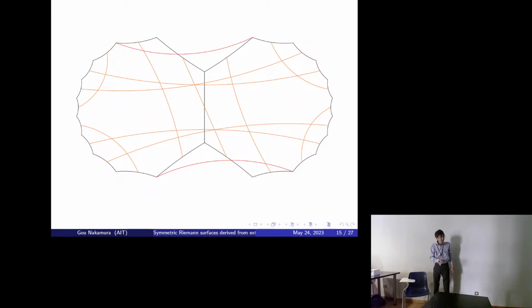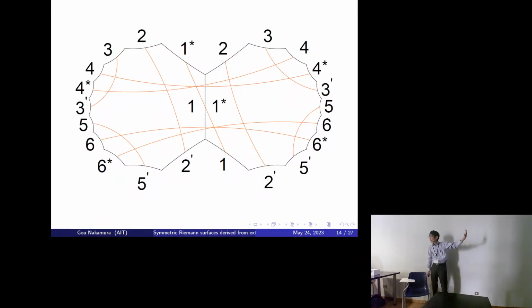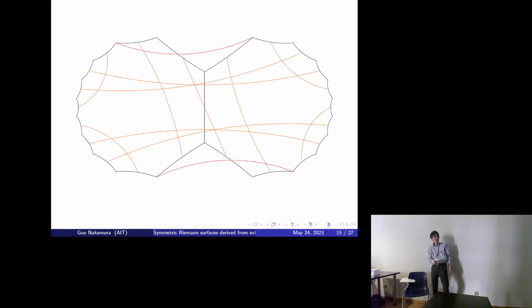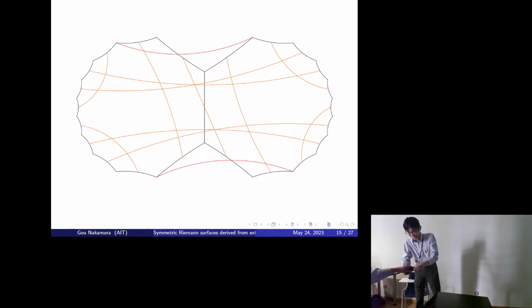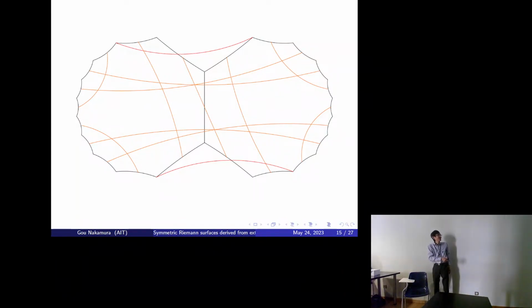In this situation, this polygon has 22 sides. To make the polygon convex, we added 2 red sides.